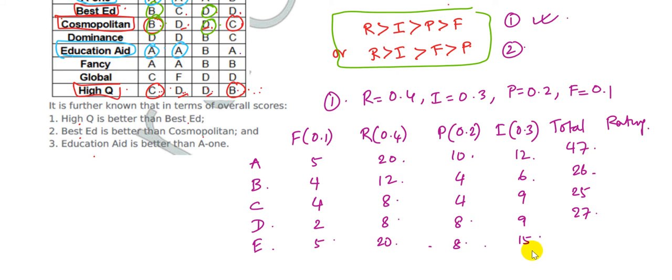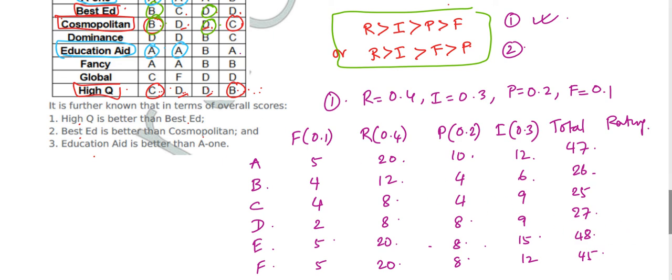So 20, 15, 35, 40, 48. F is 50 into 0.1 is 5, 50 into 0.4 is 20, 40 into 0.2 is 8, 40 into 0.3 is 12. So that's 20 plus 20, 40, plus 5, 45.